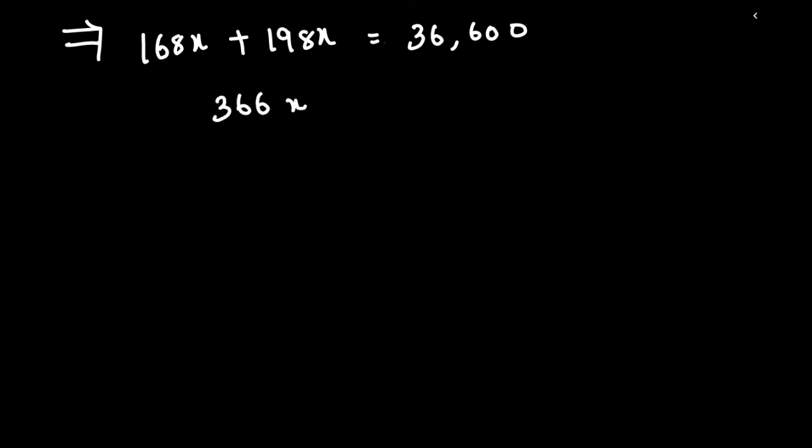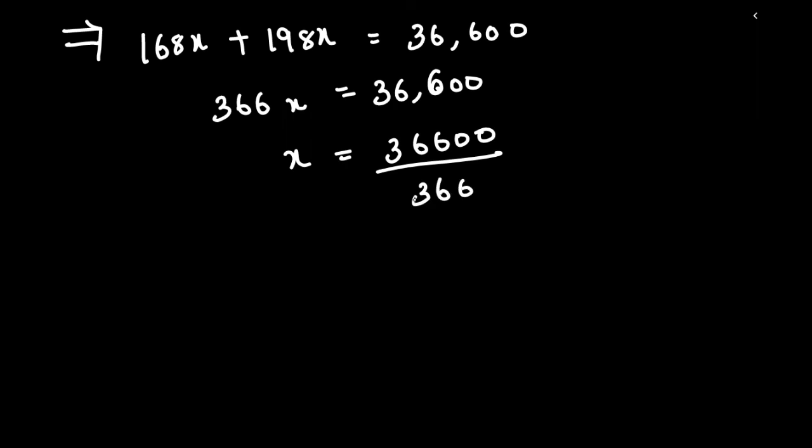As these are like terms, we can add them. So 366x equals 36,600. In the LHS, 366 is the multiplier; on the RHS, it becomes the denominator: 36,600 by 366. If we cancel these, we get the x value as 100.